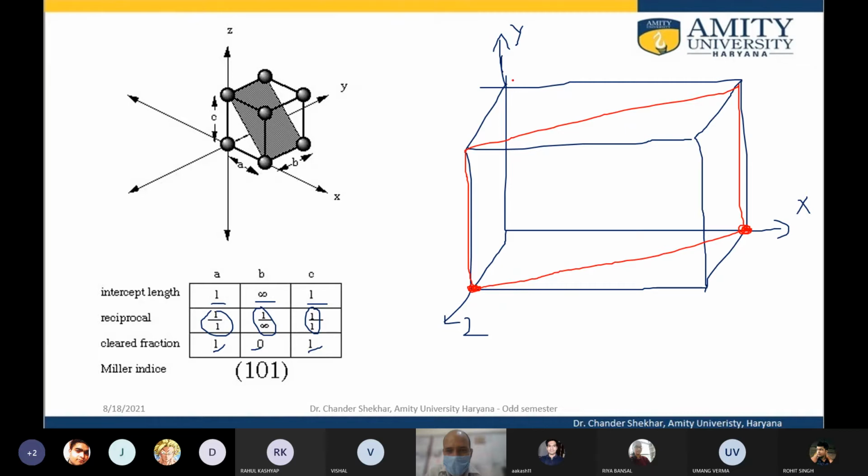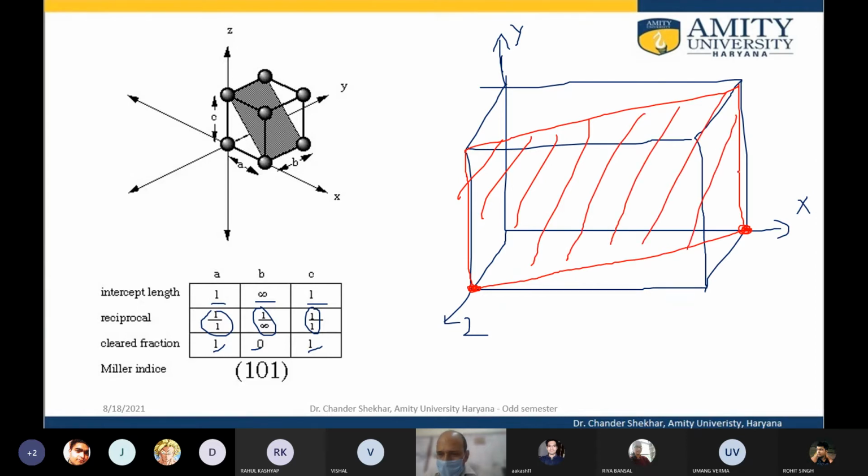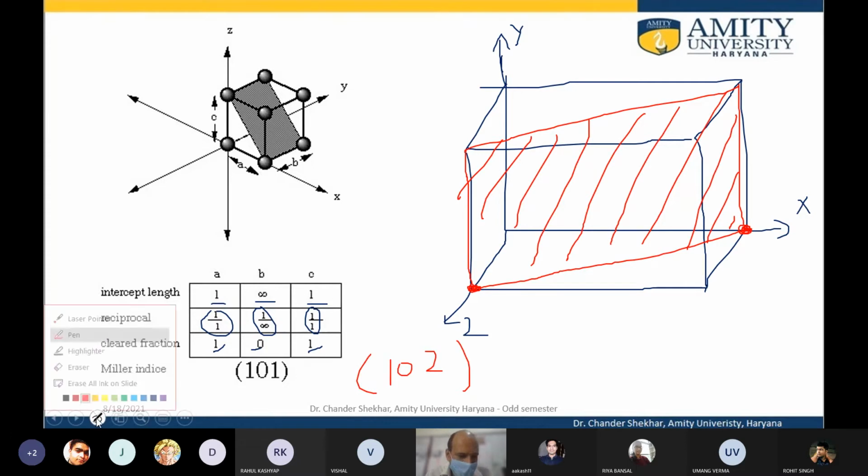So this is the plane going through the face diagonal, the top face and bottom face. If I again change it, suppose there is a plane with the Miller indices of 1 0 2. What does it mean? I'm taking random examples.